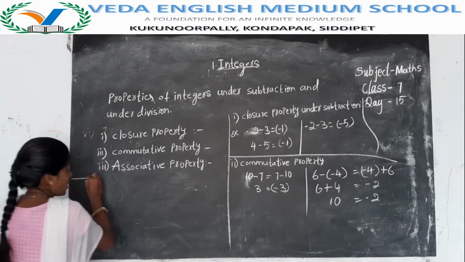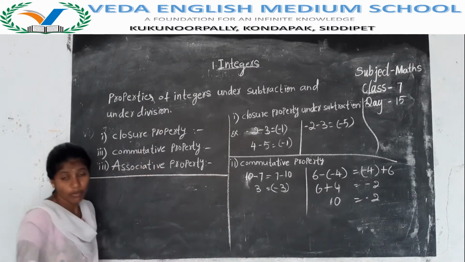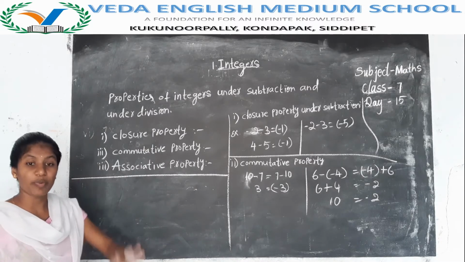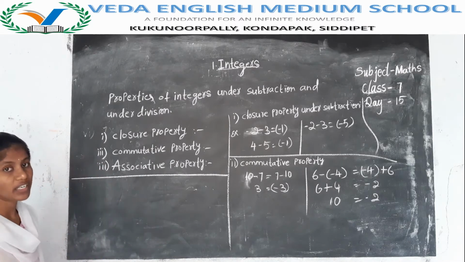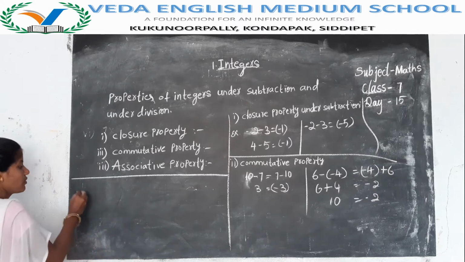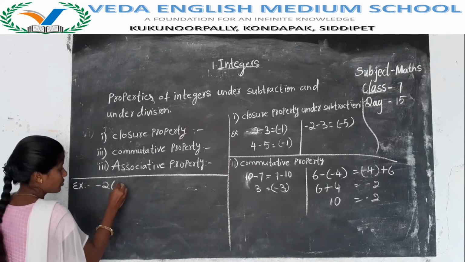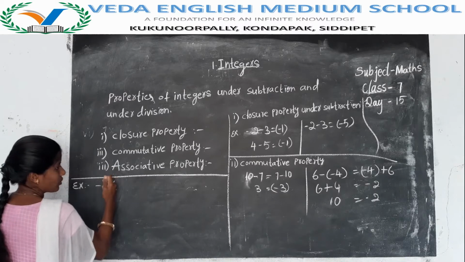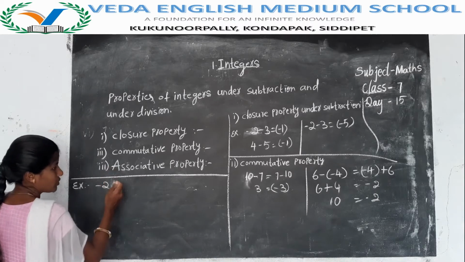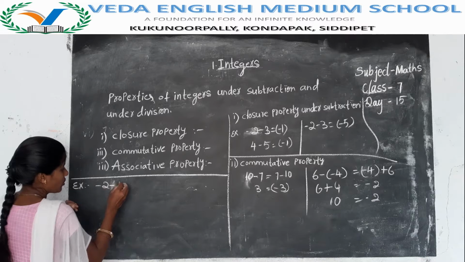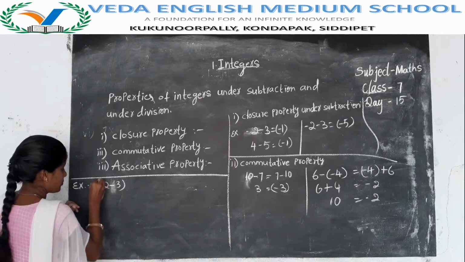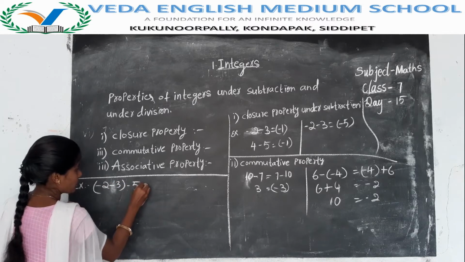Then we will check for associative property. How to remember associative property? In associative property we have 3 numbers. For example, minus 2, minus 3, then minus 5.